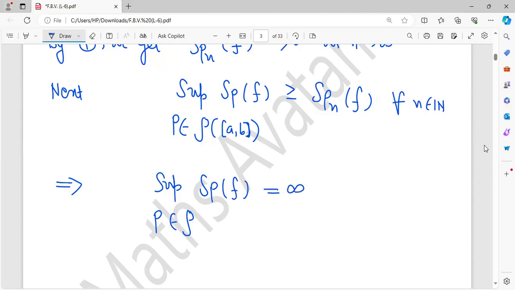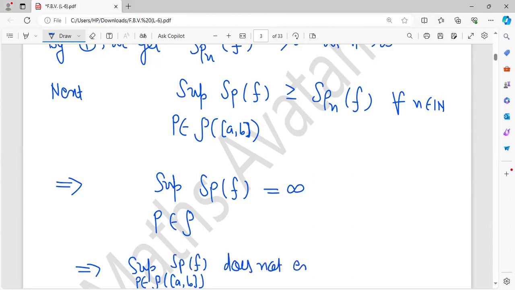So this implies the supremum over P belonging to rho AB of SPF does not exist in R. So this implies F is not a function of bounded variation.